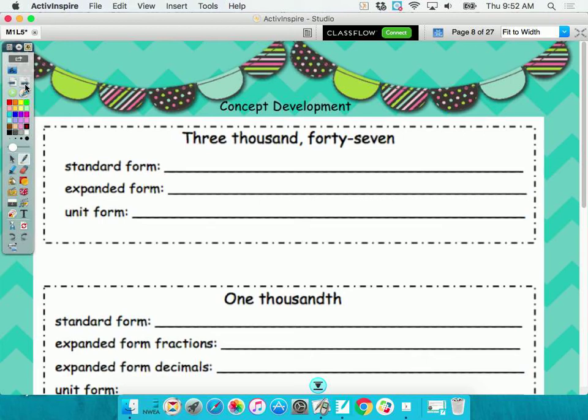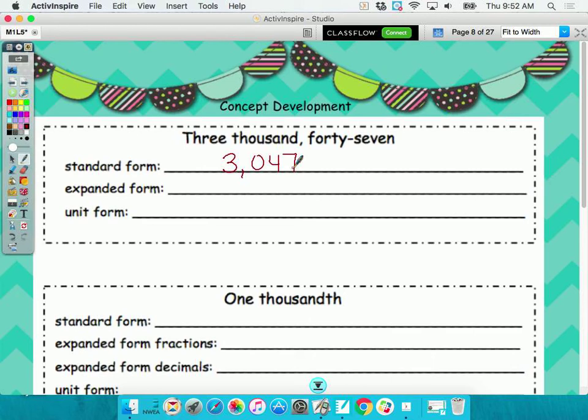So let's write 3,047 in standard form. Everybody tell me what to write. 3,047, correct? That's good.